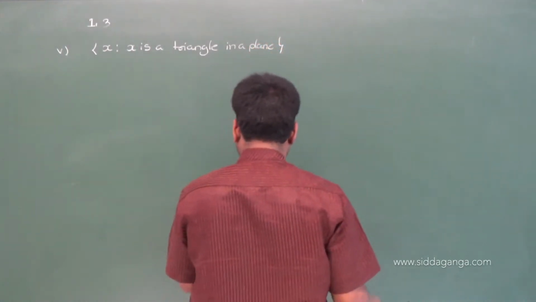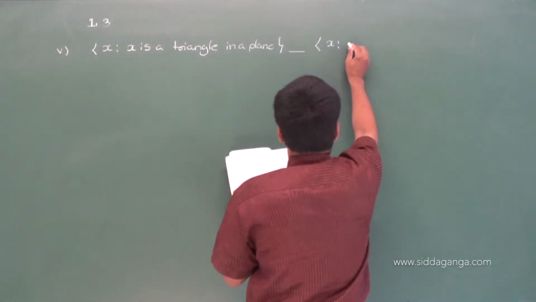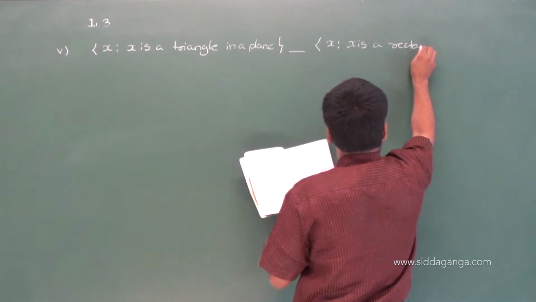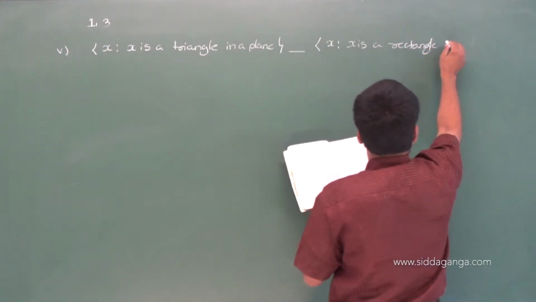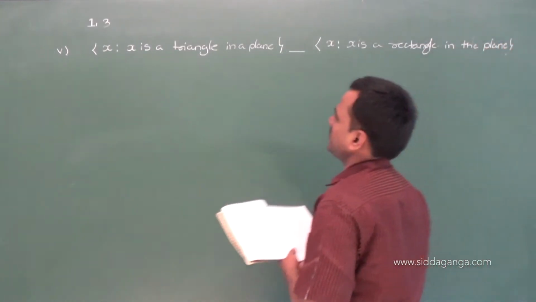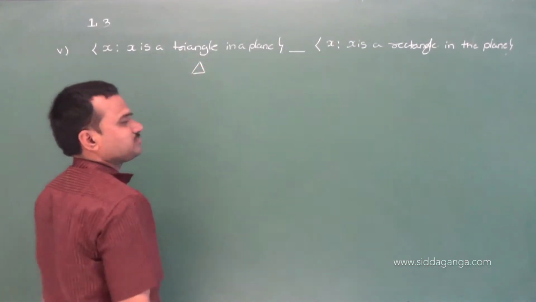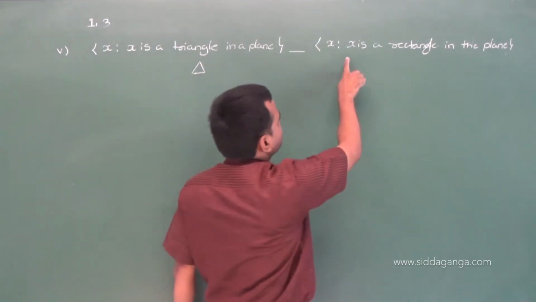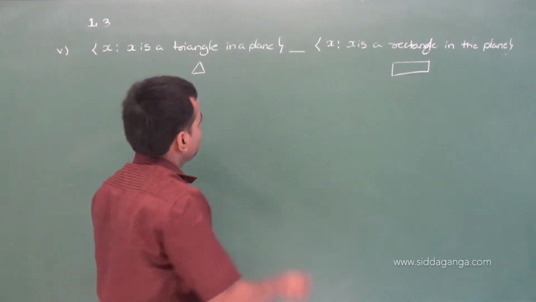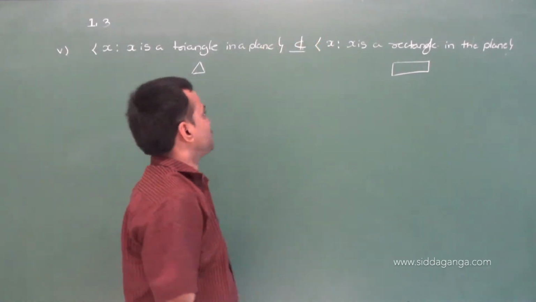Right below, X such that X is a rectangle in the plane. So X is a triangle in the plane means it contains 3 sides. X is a rectangle in a plane means it contains how many sides? 4 sides. So no doubt, is it a subset? No, it is not a subset.